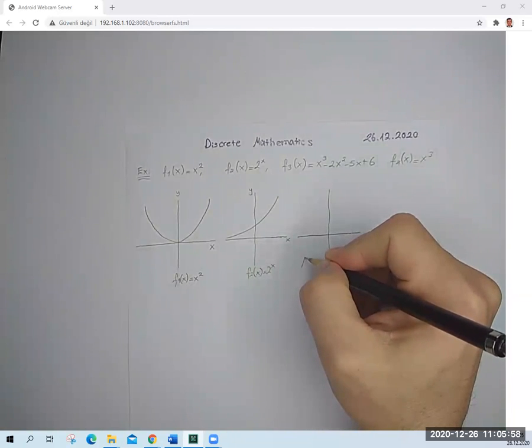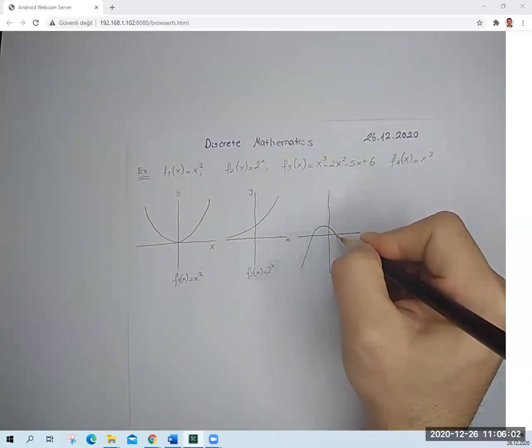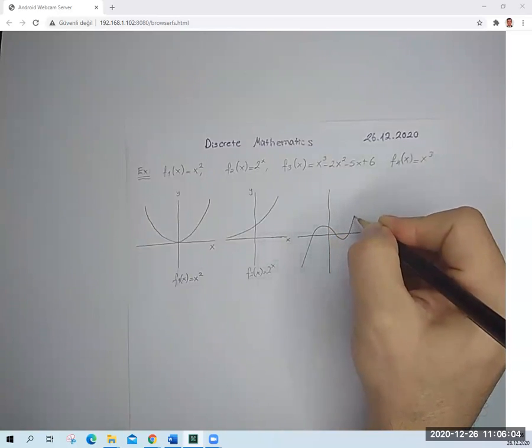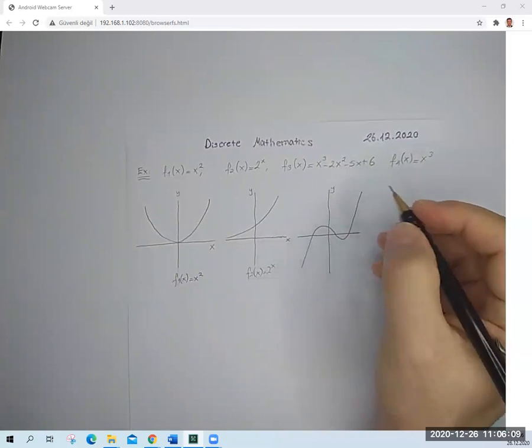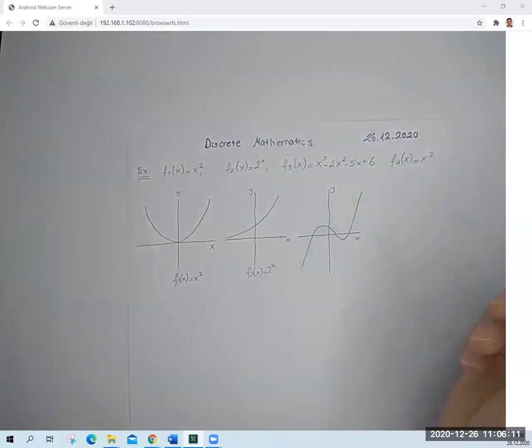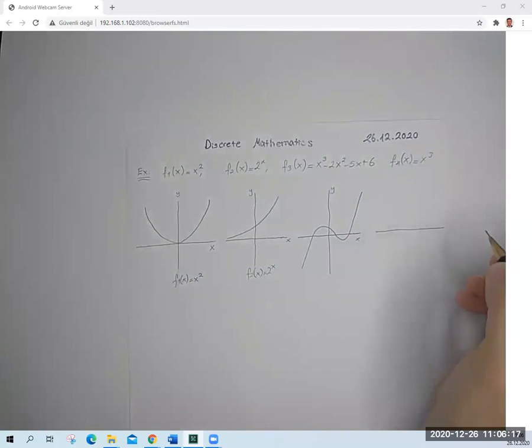It is like that form, and this is the Y and X, and the last one. Okay, this is easier, I think, than F3.